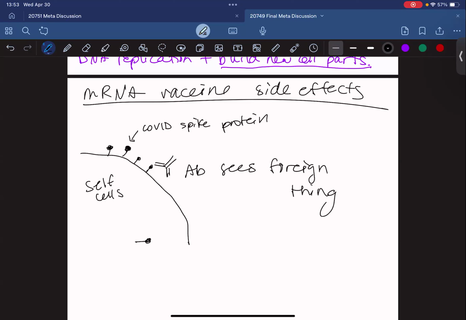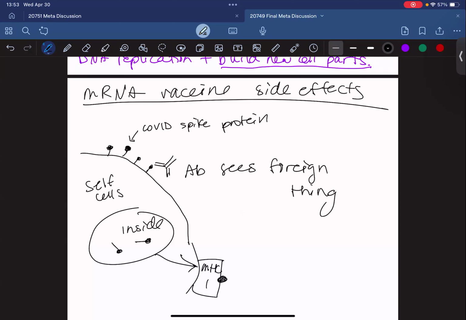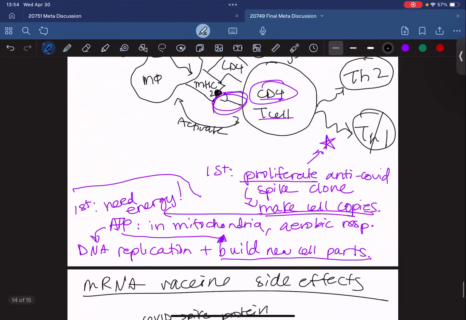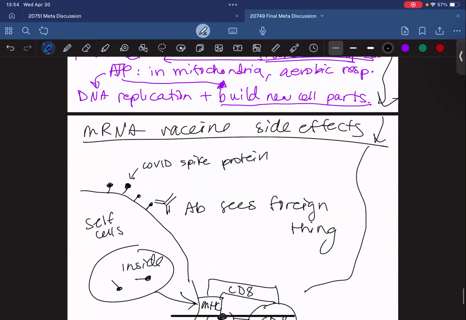So we have also COVID on the inside being expressed out on MHC1, and that would be activating our CD8 cells. Here's CD8 T cell. And then we would have our T helper cells from up here, potentially. This isn't as important for the memory, but can induce the initial side effects that we see.